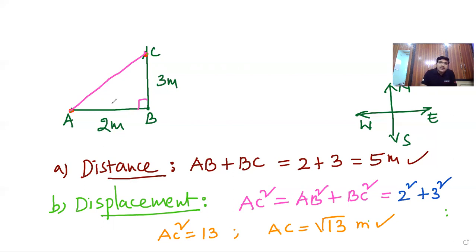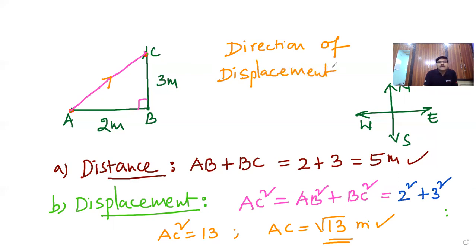Now observe. This is the magnitude. What is the direction? Direction is always from initial position to final position. So A to C. Direction of displacement is A to C. Clear?